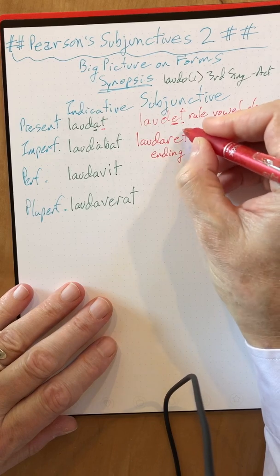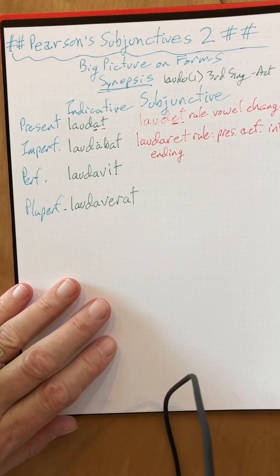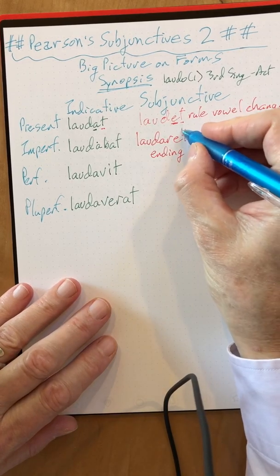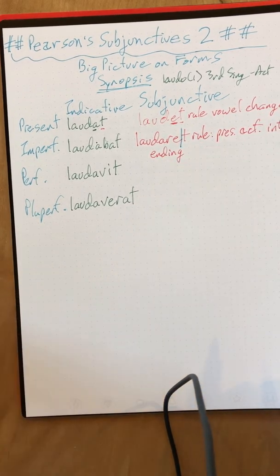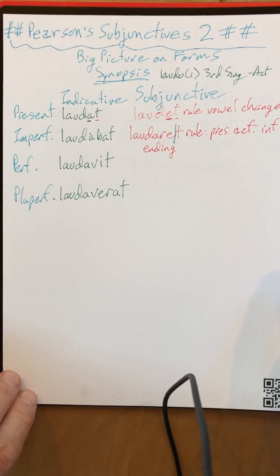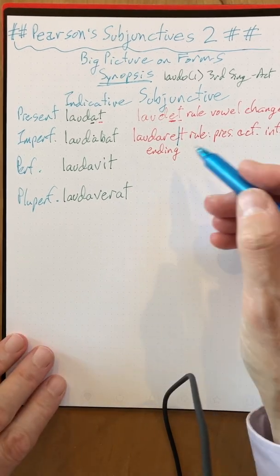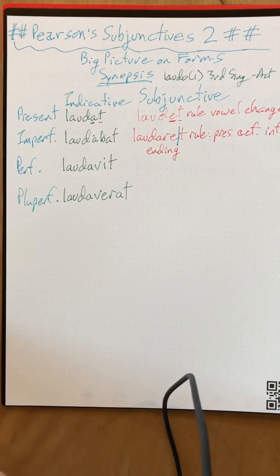How about that? If you cut it right there, let me use a different color here, cut it right there, and you've got the present active infinitive. And that's not a mistake. That's really a structural element in the whole thing. We're going to see it again.